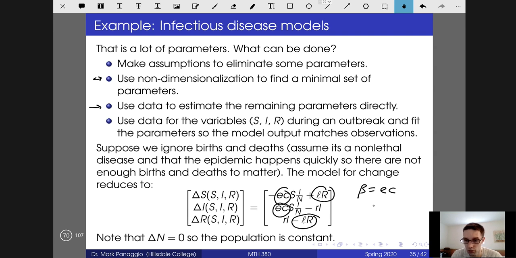But you could imagine writing a program that takes in parameters, E, C, L, and R are the parameters in this particular model, as well as the initial values. You could, with that program, spit out the values of S, I, and R at each point in time, and then try to tweak the parameters until you get those to match up.